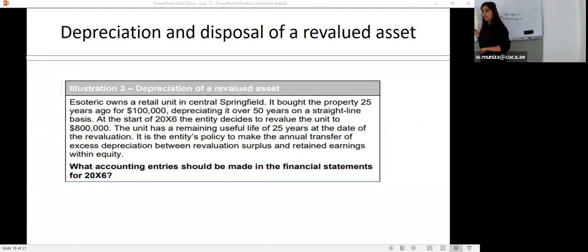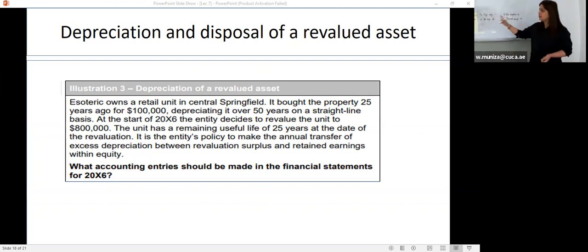You can add, or you can see the carrying amount. What is the carrying amount? Mariam will be telling me. What is the carrying amount of the asset at the date of revaluation? So what is the cost? Very good. Accumulated depreciation? 50,000. Very good.